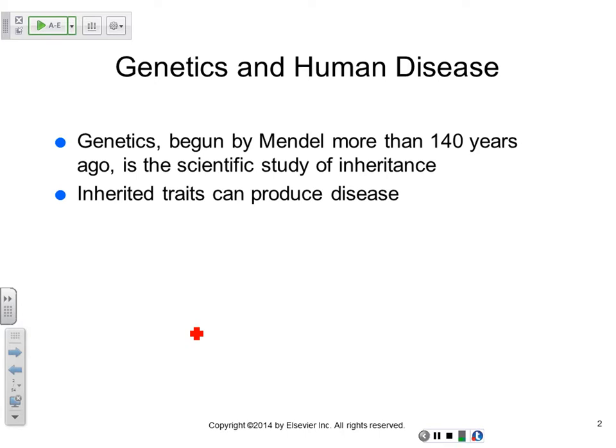Only when there's a mutation does a gene cause a problem. And there are various mutagens that could produce these genetic mutations. We all know one of them is viruses, right? What else can cause genetic mutations?